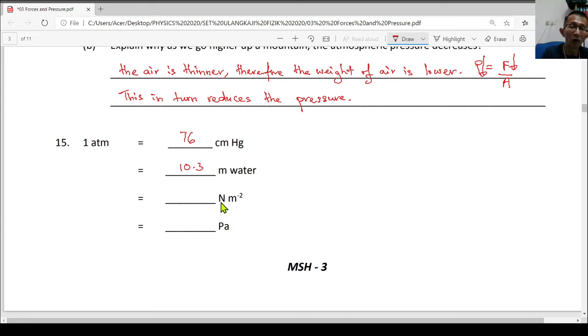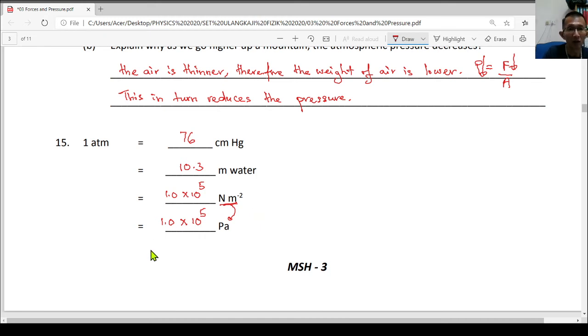And then in Newton per meter square, that would be 1.0 times 10 to the power of 5. Newton per meter square is Pascal, so here is the same, 1.0 times 10 to the power of 5.